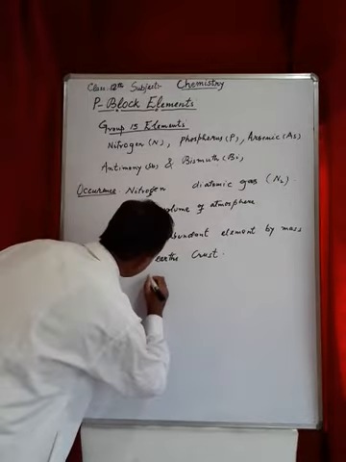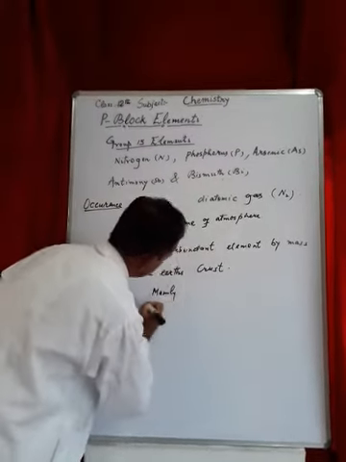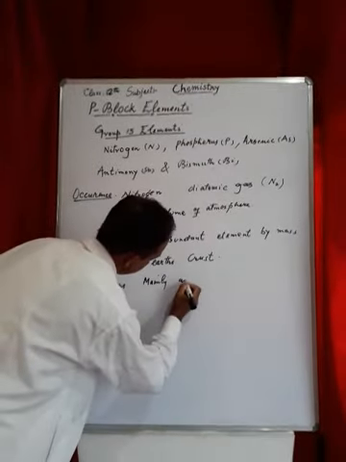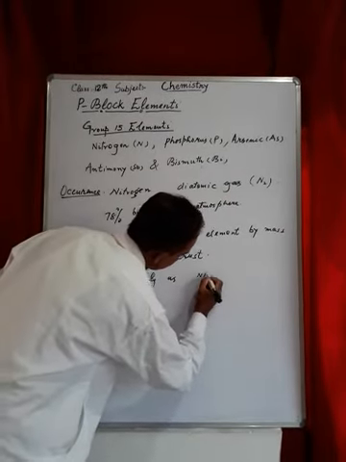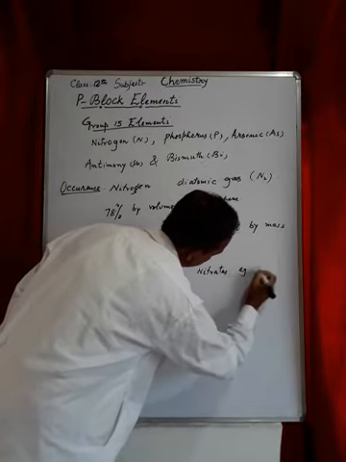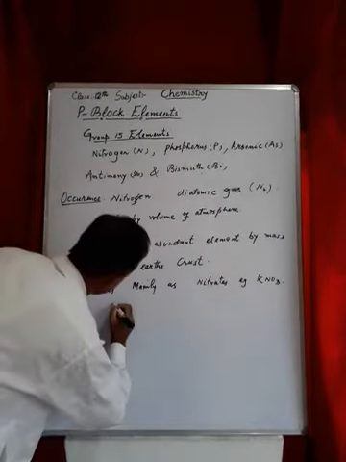It occurs mainly as nitrates, e.g., potassium nitrate, sodium nitrate.